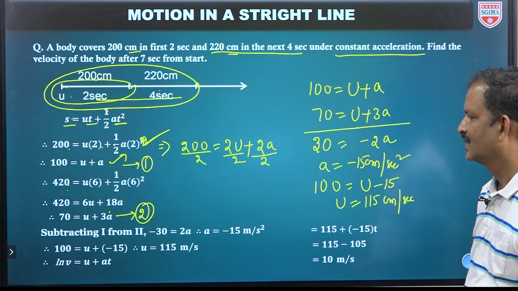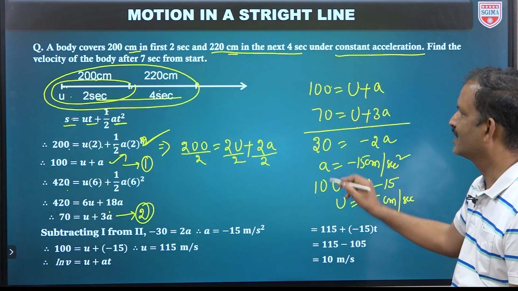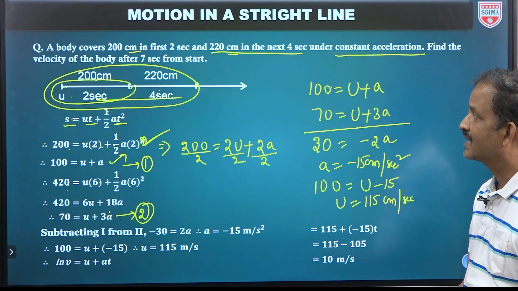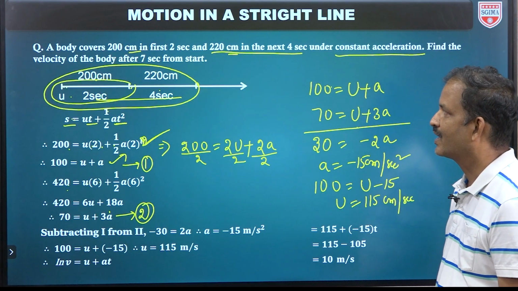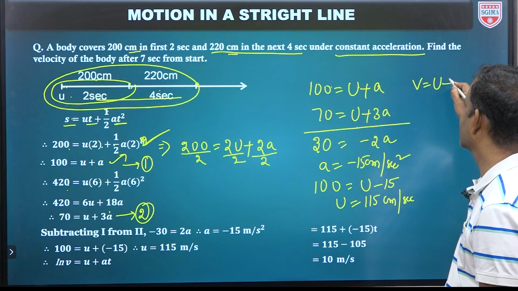So once you know this u and a, you have to find out the velocity after 7 seconds. Velocity is equal to u plus at.